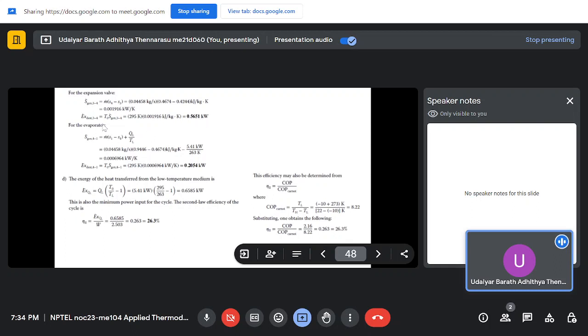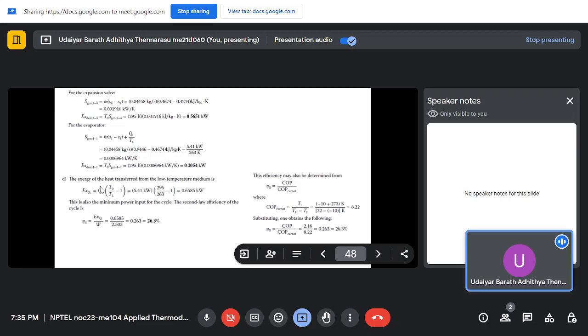And then in the case of the evaporator, the inlet entropy is m dot S1 plus QL by TL, minus the exit m dot into S4. Doing the entropy balance, we can find out Sgen into T naught, which will come out to be 0.2054 kilowatt. So these are the exergy destroyed in each of the components.